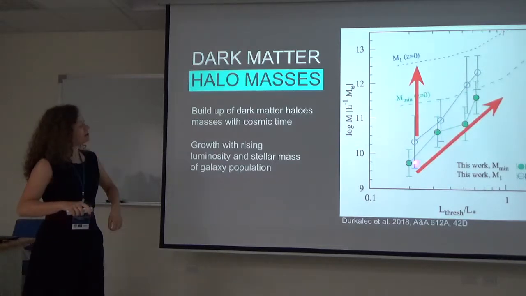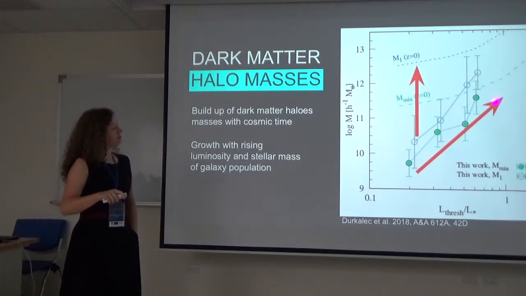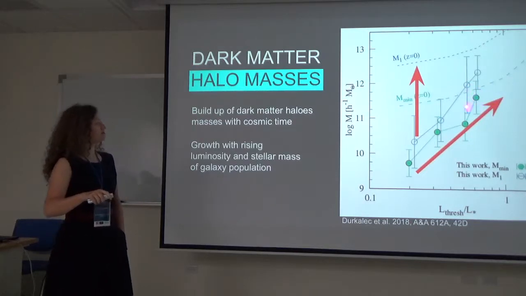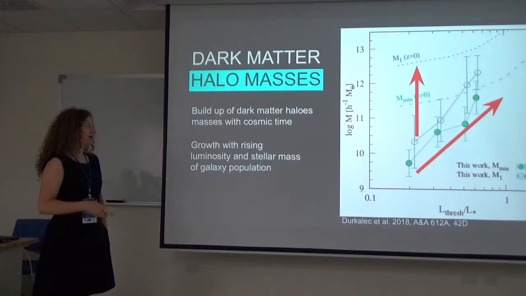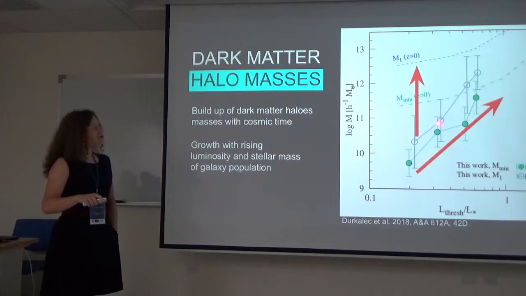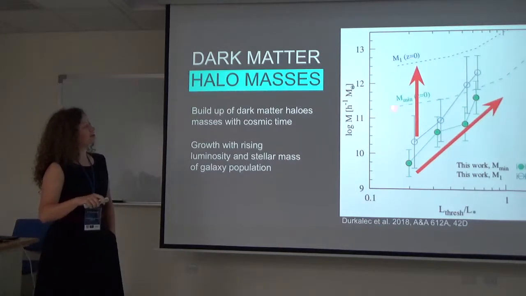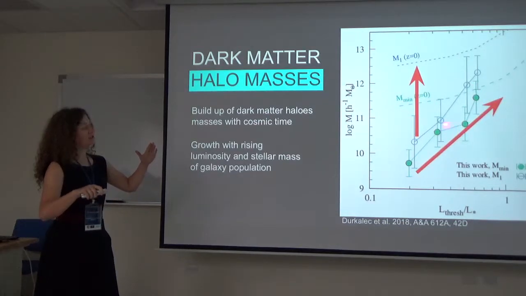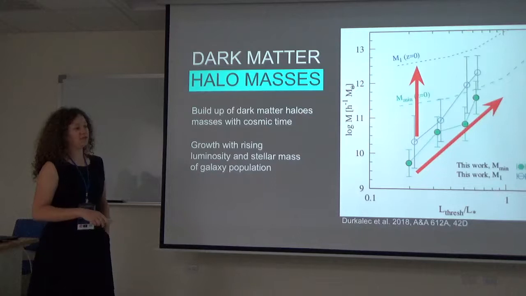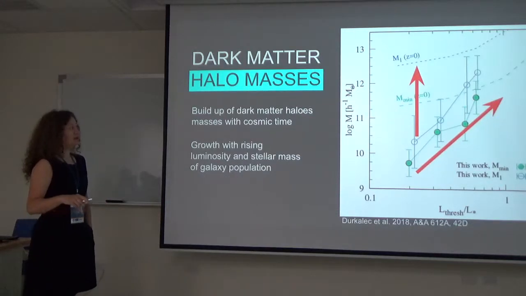So the more luminous galaxies tend to be in the more massive halos. This relation is also steeper than what is observed at lower redshift ranges.